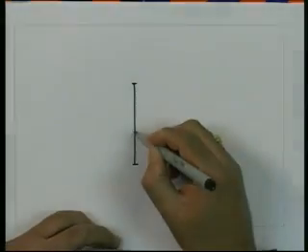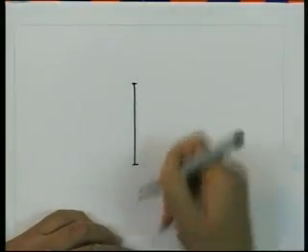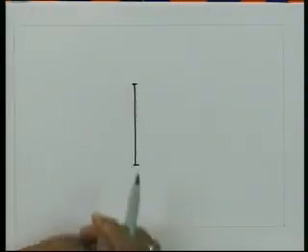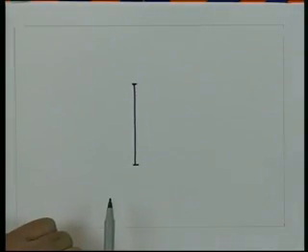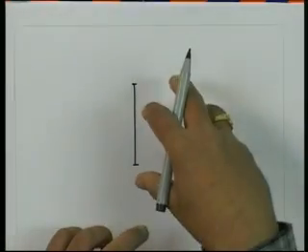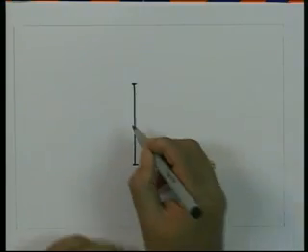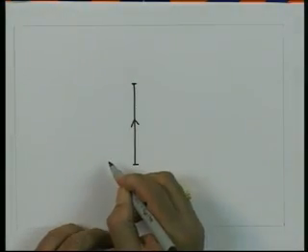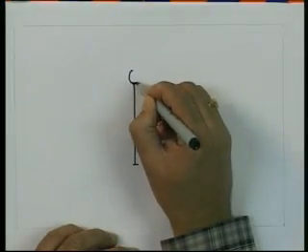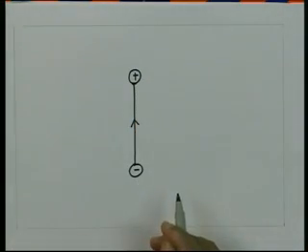Essentially, when the current is flowing in this direction, the electrons are moving downwards, and positive charges effectively are going upwards. So when the current goes upwards, there is accumulation of charge on the 2 ends of the current element. When the current flows this way, the positive charges are moving here and the negative charges will be moving in this direction.